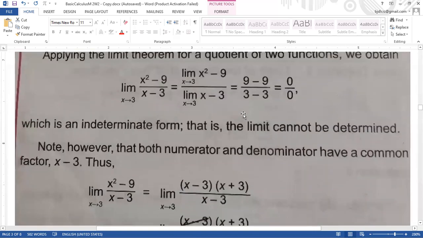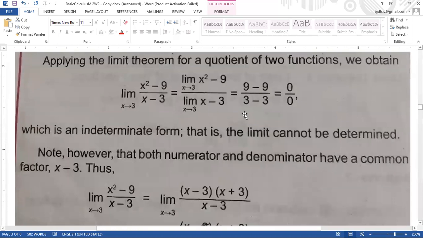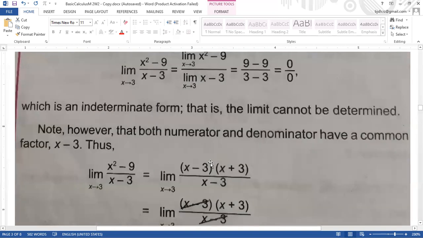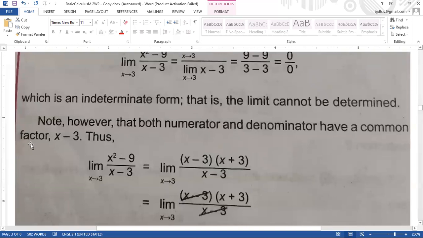Okay, sige. If we solve it directly as f of 3, since it is an indeterminate form, the limit cannot be determined. However, note that both numerator and denominator have a common factor, which is x minus 3.